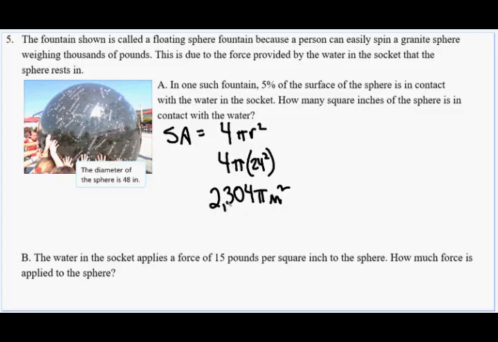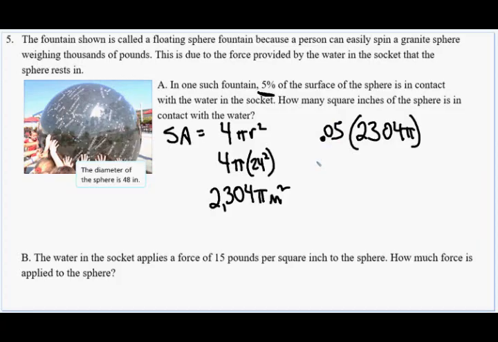So that's our total surface area, and 5% of that is in contact with the water. So we're going to multiply the 2304 pi by 5%, which as a decimal is 0.05. Slide the decimal 2 to the left.